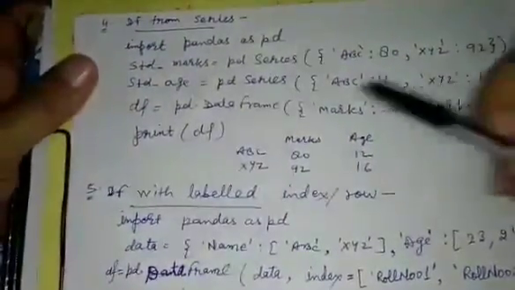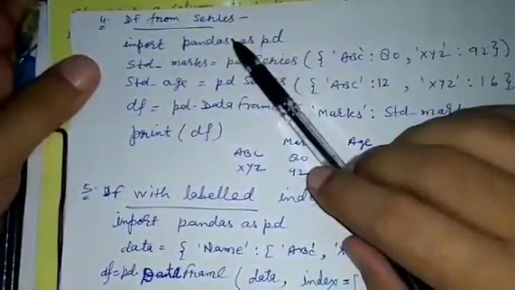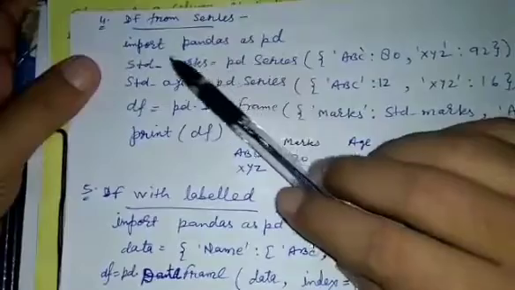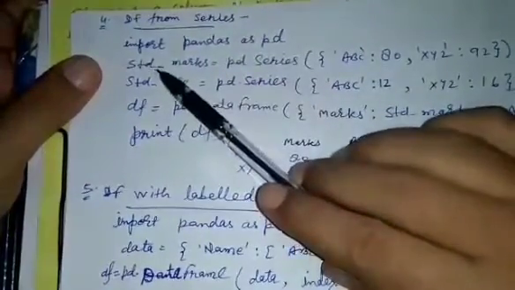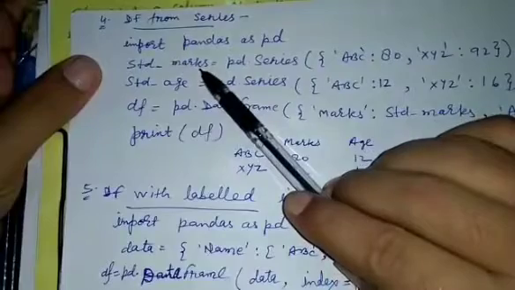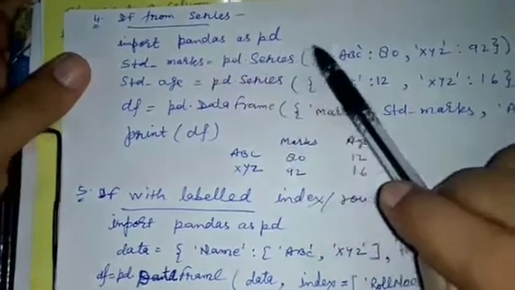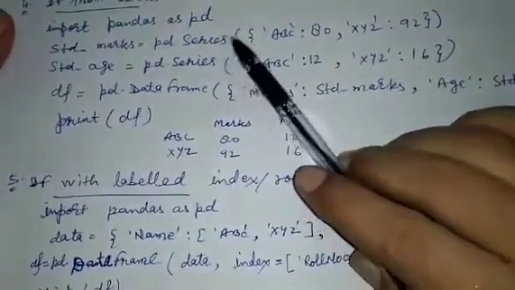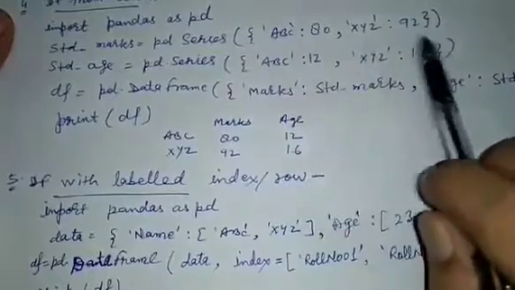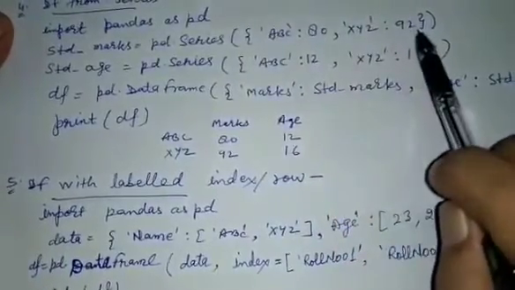The next topic is creating a data frame from a series. We have already studied series in the previous classes. Import pandas as pd. Student marks: we create a series, pd.Series, and this series is in turn created using a dictionary, abc 80, xyz 92.